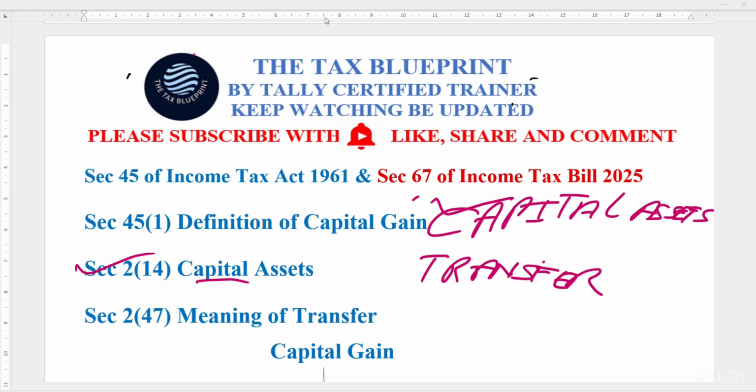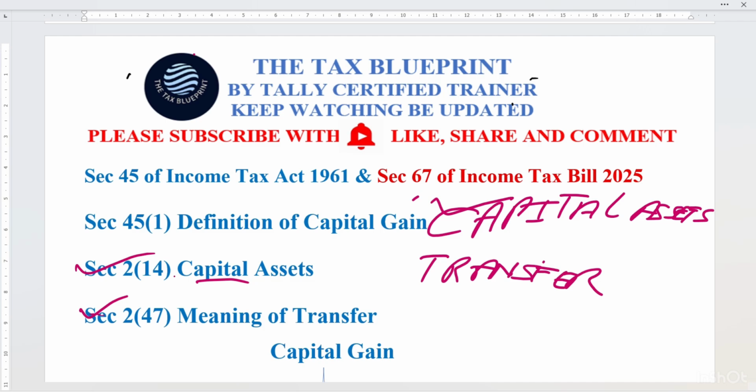Now we are moving to what is transfer. Transfer is defined in section 2 clause 47, which says transfer means sale, exchange, relinquishment of any asset, extinguishment of right in an asset, compulsory acquisition by government, conversion of capital asset into stock in trade, maturity of zero coupon bond, providing possession of the property without transferring the title on that property, acquiring a share in a cooperative society to enjoy the property of that society, which is land and building.